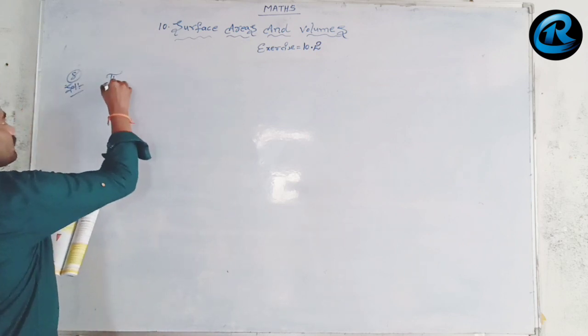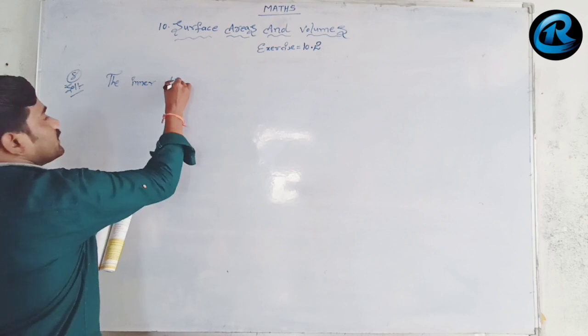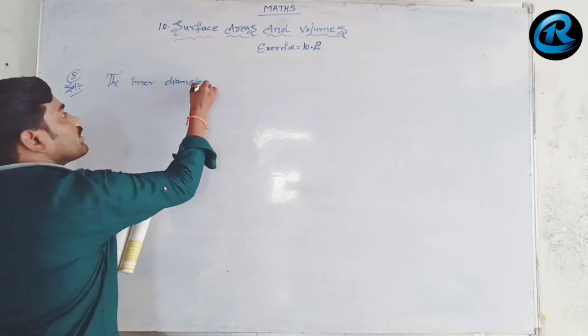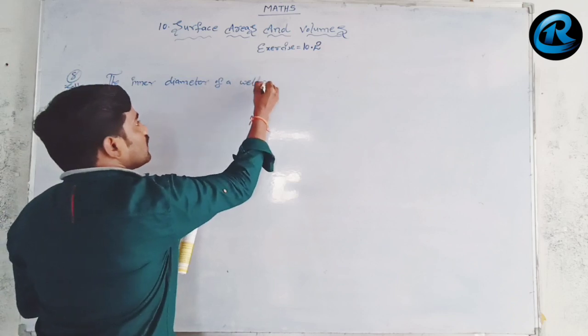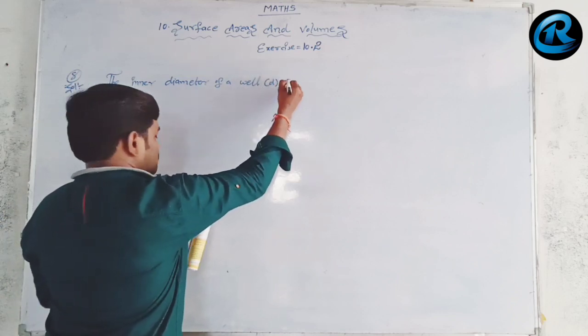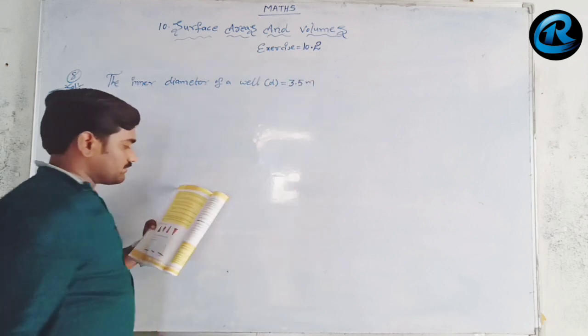The inner diameter of a well, D equal to 3.5 meters.